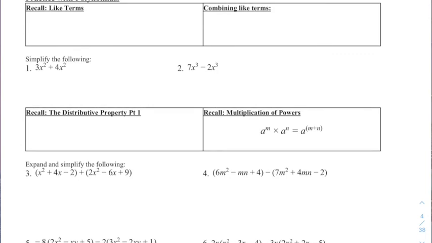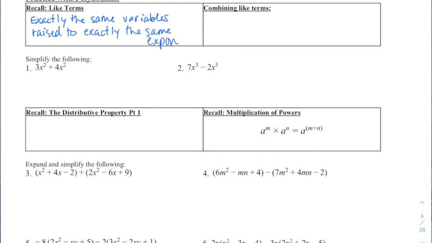Okay, what is a like term? Another one that is going to come up a lot. Like terms are exactly the same variables raised to exactly the same exponents. And how do we combine like terms?